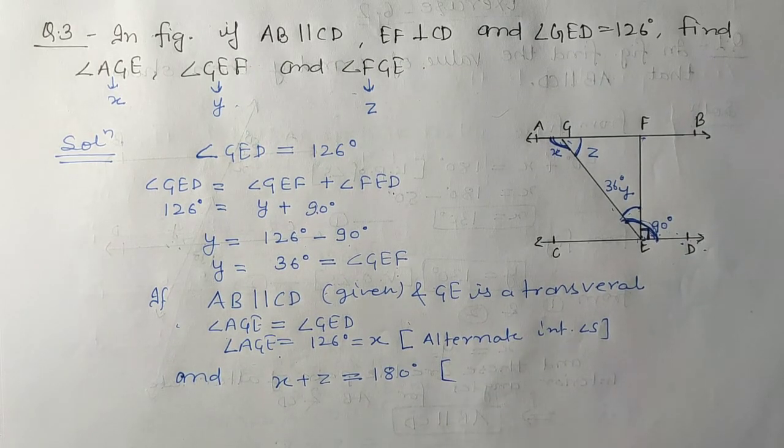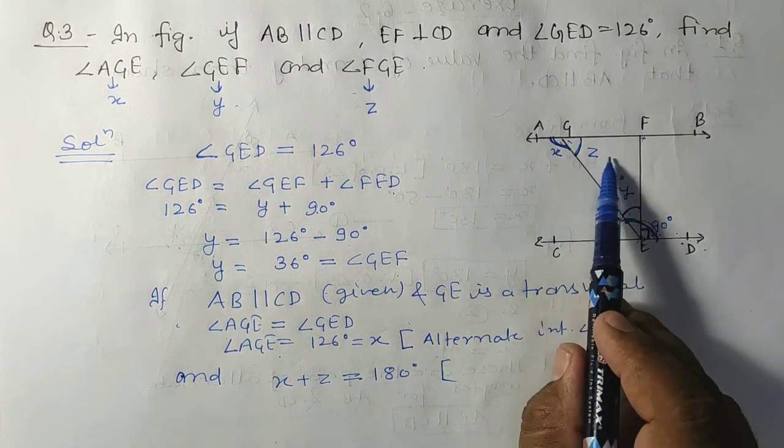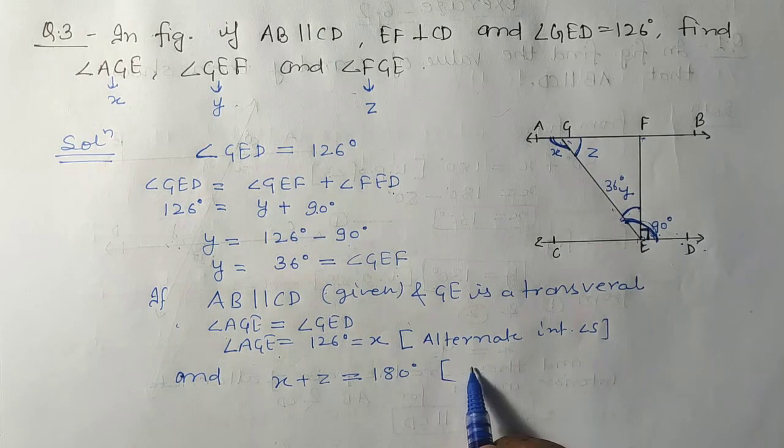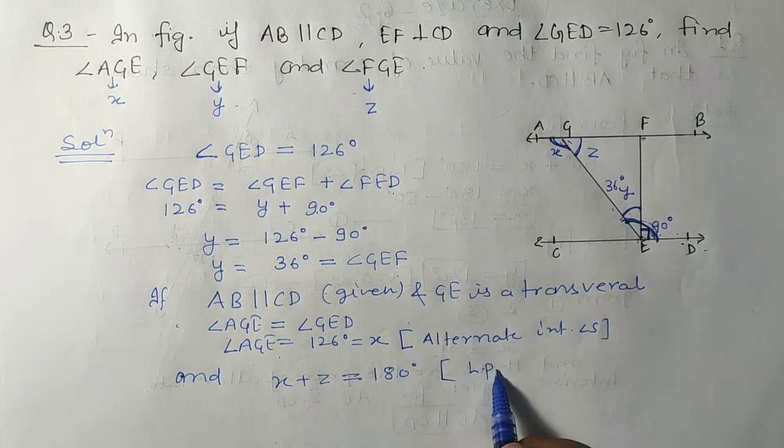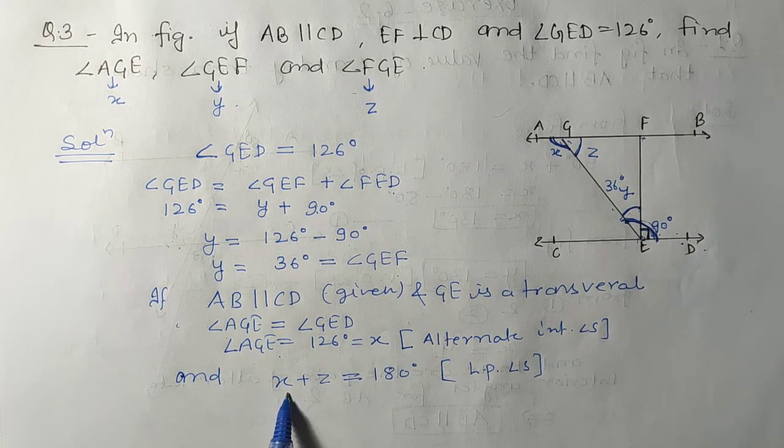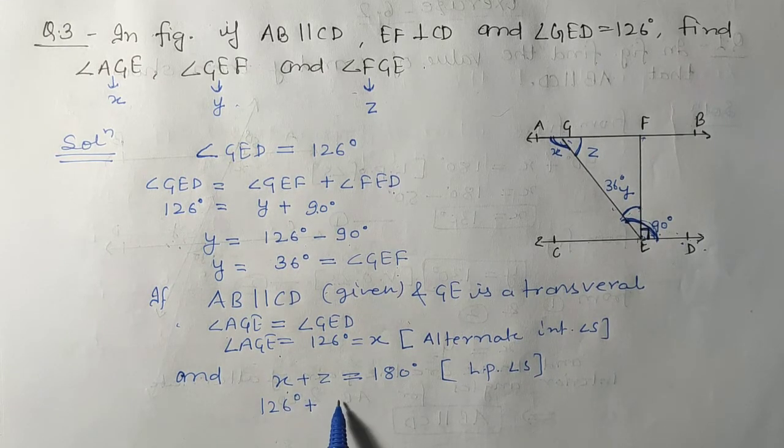What is the reason behind it? Because they are linear pairs of angles. So X is 126 degrees, and Z we have to find out.